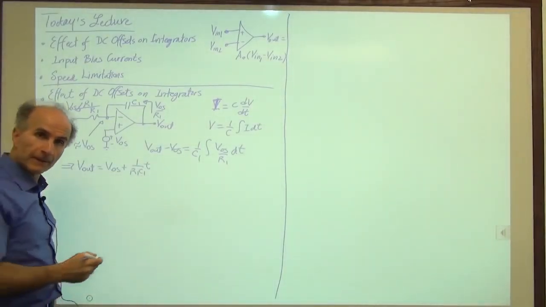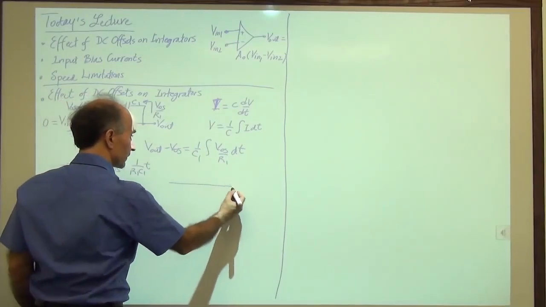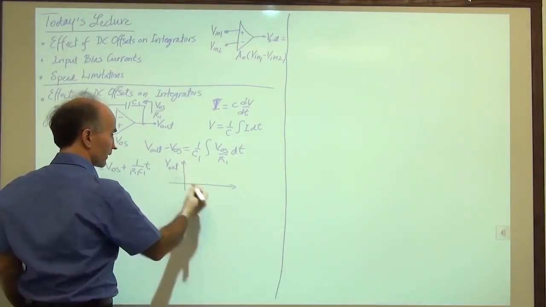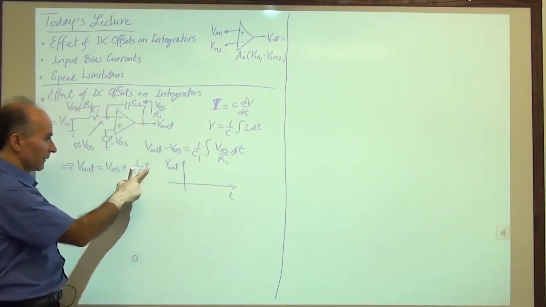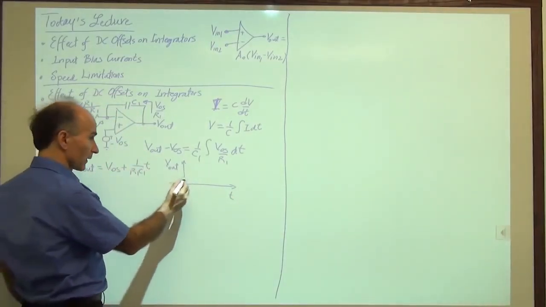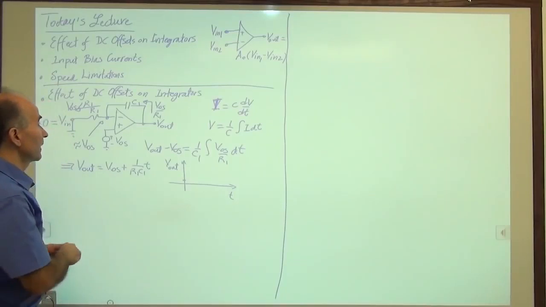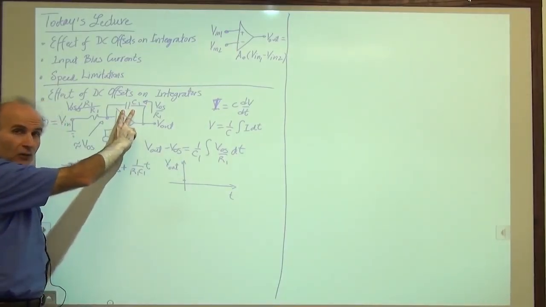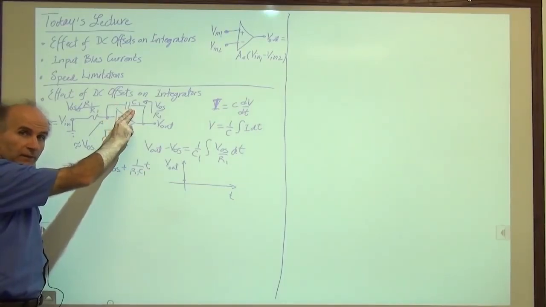So this looks like this, right? It starts out V out as a function of time. At time 0 is equal to VOS, so it's right here. And that makes sense because if the capacitor has no charge on it at time 0, it has 0 voltage difference from here to here.